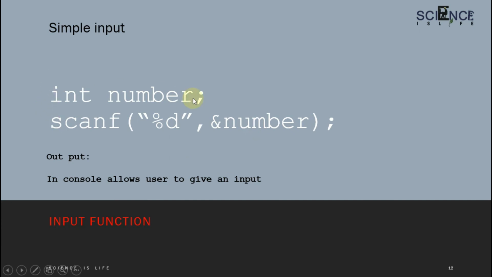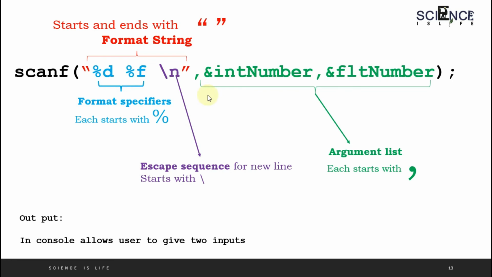So if we execute this program, what will be the output? The console will allow the user to give an input. It will not print anything, because here we haven't printed anything. It will just give the blinking cursor to take an input from the user, right? So this is the structure of scanf. Here this is the format string within double quotation.